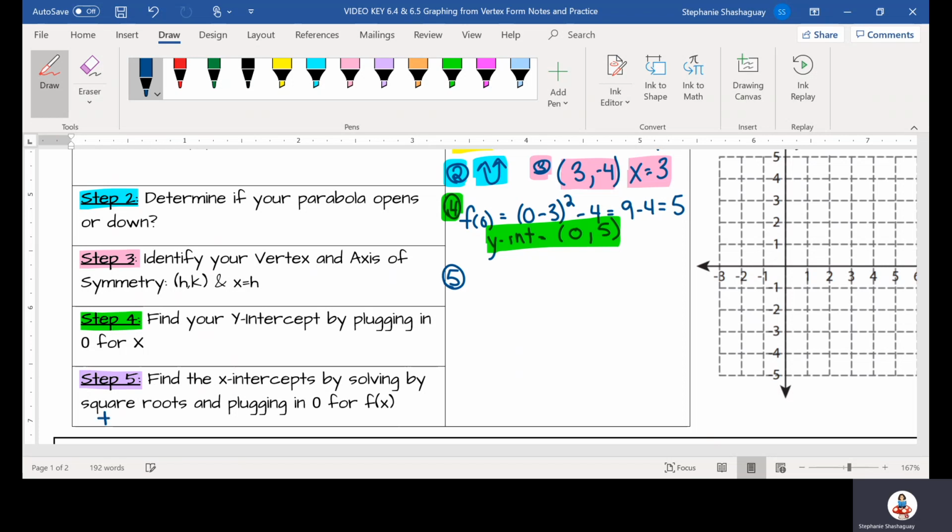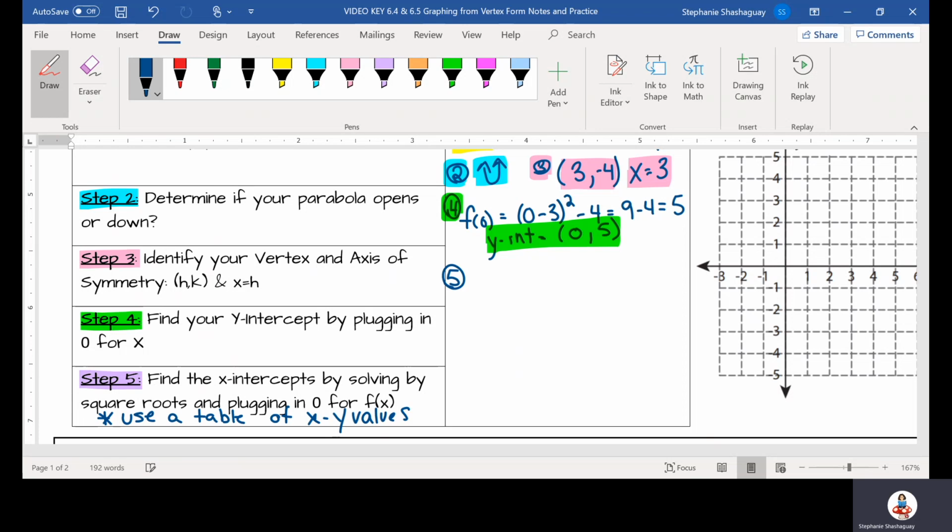I'm going to add a note here: if you can't solve by square roots because you have a negative number, you can still use a table of x and y values to solve, okay?